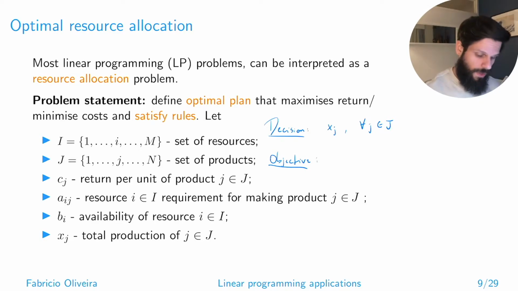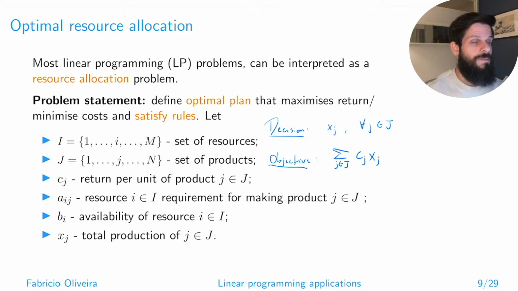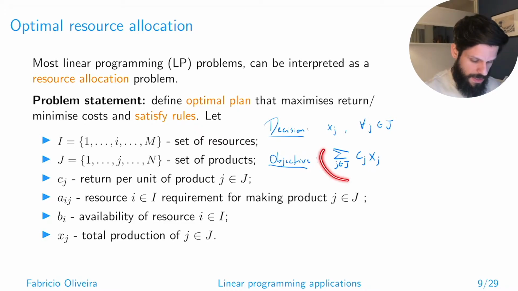That is calculated by seeing how much I make of each product j, multiplied by the per unit return, and then I accumulate this number among all my products. And that expression, given a plan x, which means amounts of product x1, x2, all the way to xN I make, is how much income I get from it. And my objective is to find the plan that maximizes this expression.